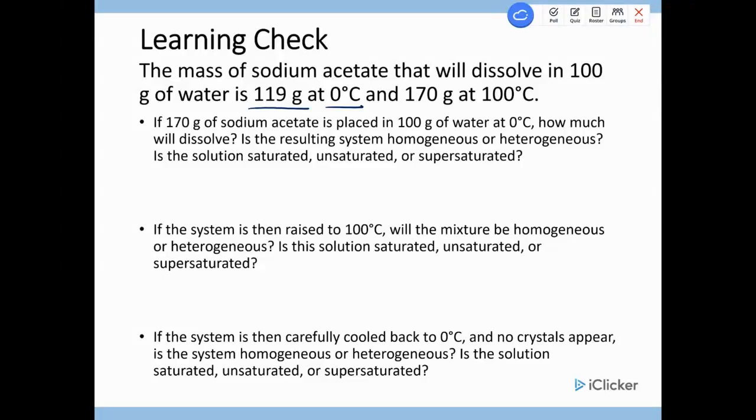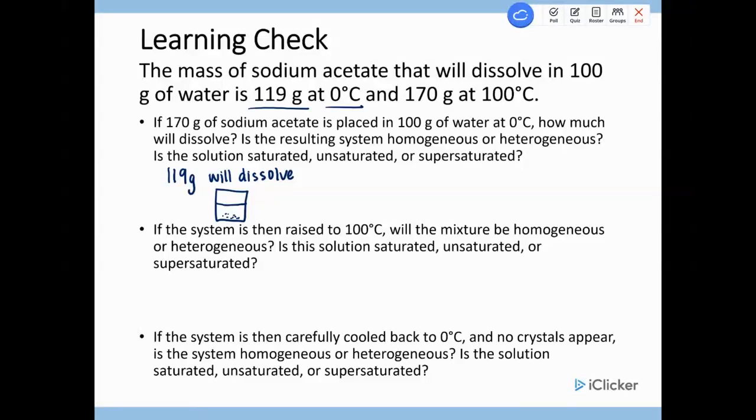So if we add 170 grams at 0 degrees Celsius, only 119 grams will dissolve. The rest, so let's say we've got our beaker, we've got 100 grams of water, we add 170 grams of sodium acetate, 119 grams will dissolve, but we'll still have some solid at the bottom. The 51 grams that didn't dissolve are solid at the bottom.